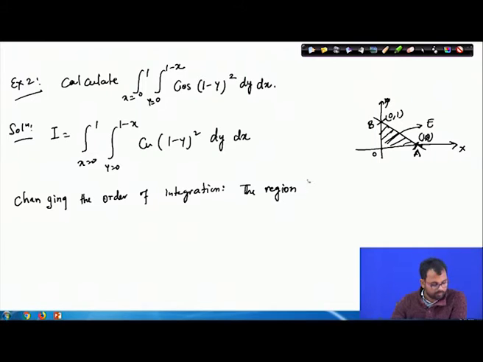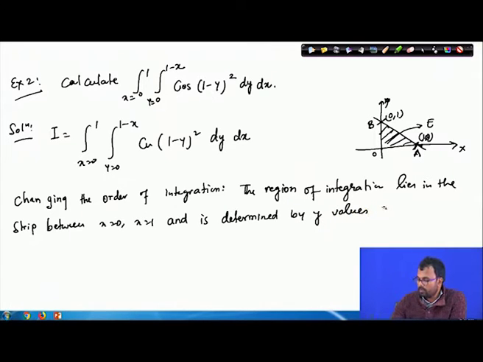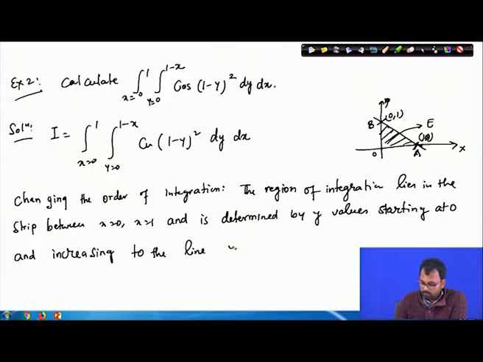The region of integration lies in the strip between x equals 0, x equals 1, and is determined by y values starting at 0 and increasing to the line y equals 1 minus x. So that's the region of integration.